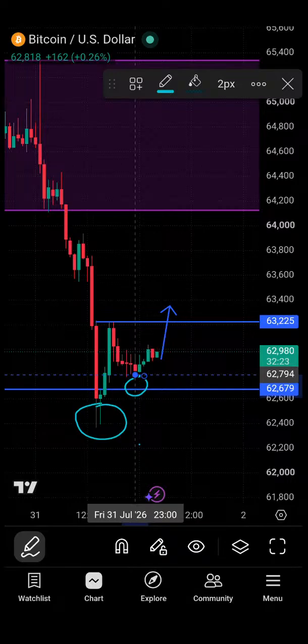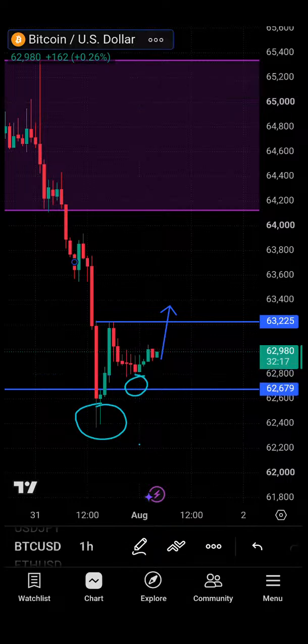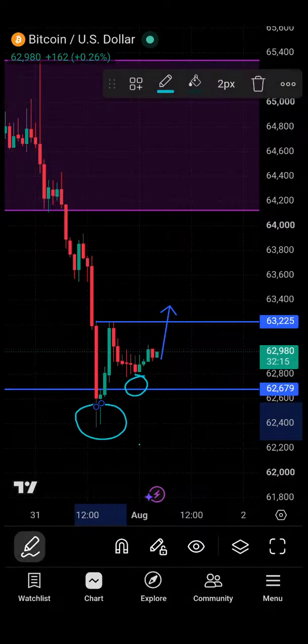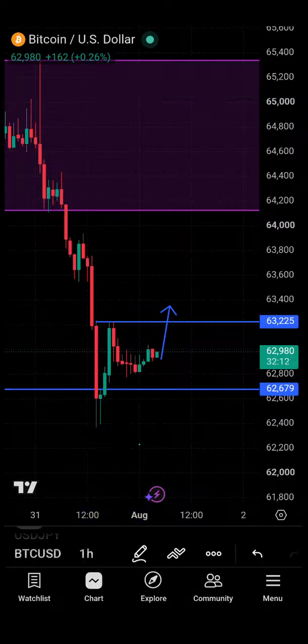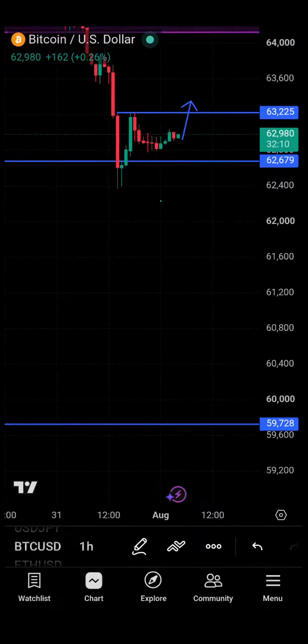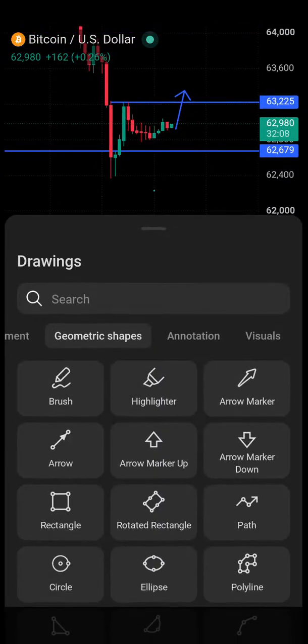Guys, let me just show you something. There's something that I've learned these past few days from the market. Something that I've noticed. Let me just move to a blank area. I want to show you something.